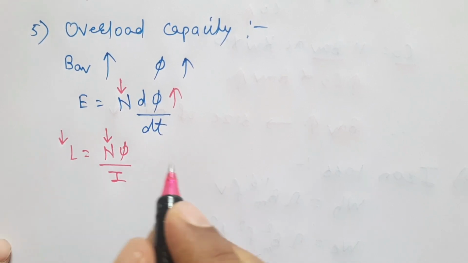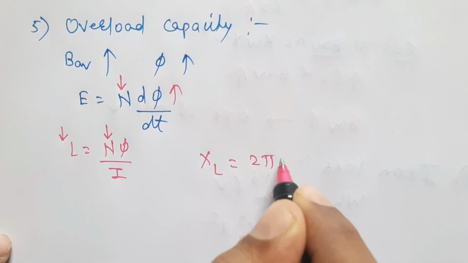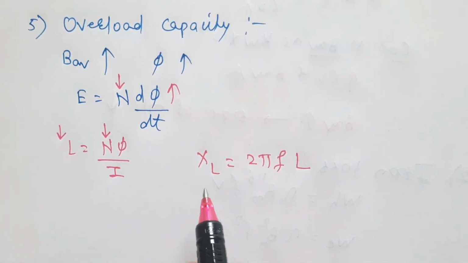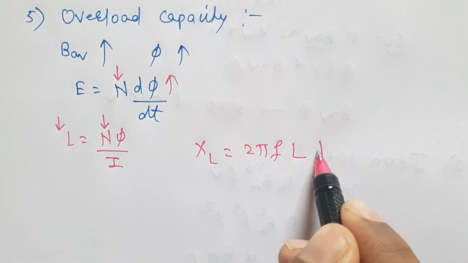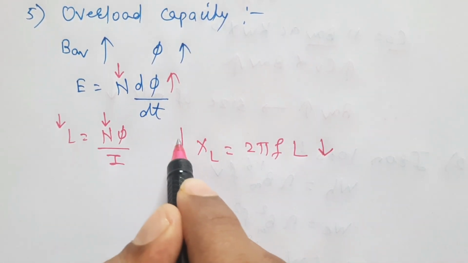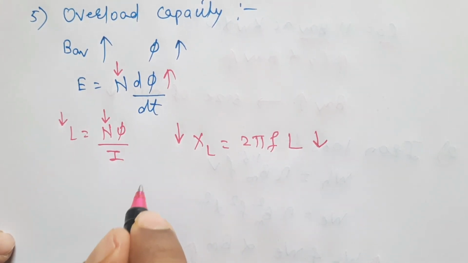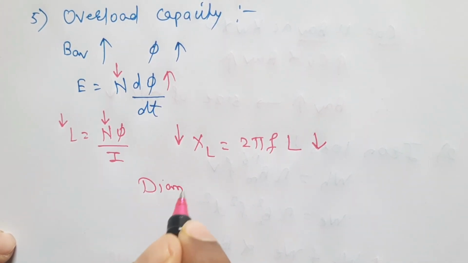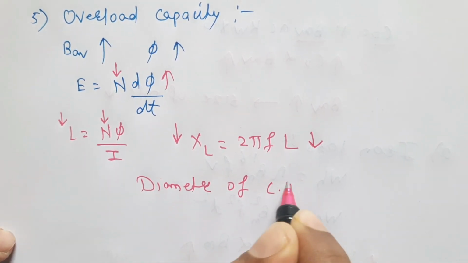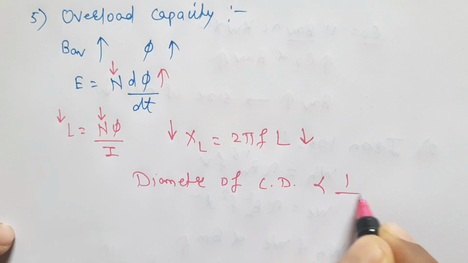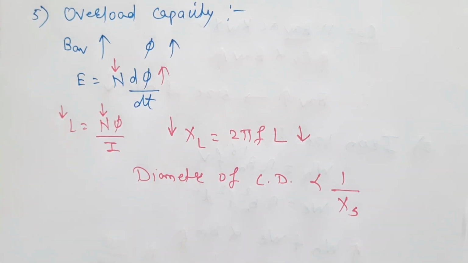We know the relation of inductive reactance, XL is equal to 2 pi FL. As L decreases, XL, the inductive reactance, also decreases. We know the diameter of circle diagram is inversely proportional to Xs or XL, that is leakage reactance.